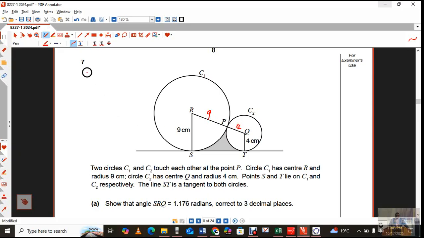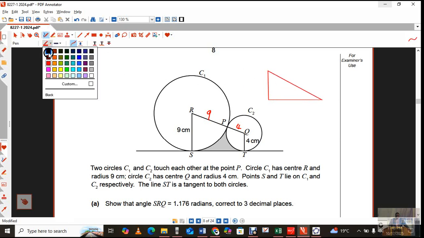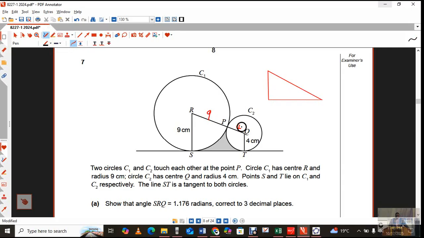Right? So I am seeing a triangle like so. And this triangle, this side is going to be 9 plus 4, which is 13 centimeters.